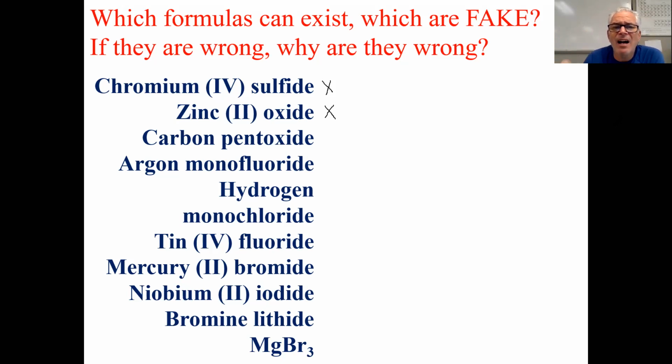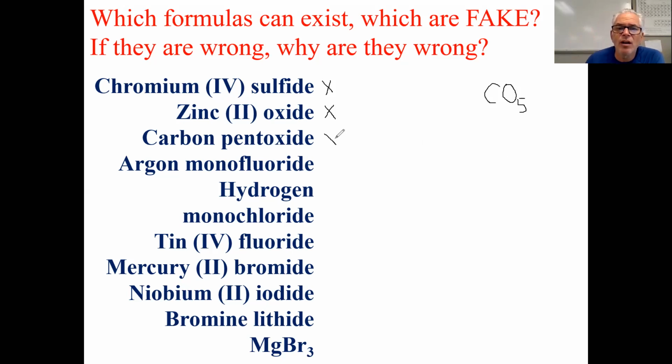Carbon pentoxide. Carbon, let's see, C and O5. Carbon pentoxide. Quick, get the carbon pentoxide antidote. We did this yesterday, or we did this in the last Zoom. C and O only make 2 compounds, carbon monoxide, carbon dioxide.